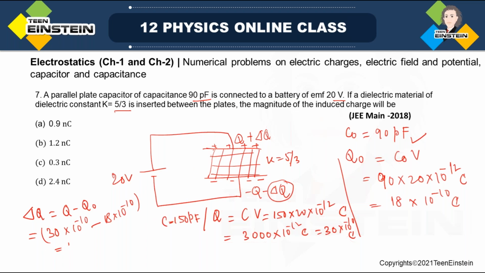This is 12 into 10 to the power minus 10 coulomb. So we can write 1.2 into 10 to the power minus 9 coulomb. So this will give you 1.2 nanocoulomb. Okay, nanocoulomb. So look, option B will be the correct answer in this case.